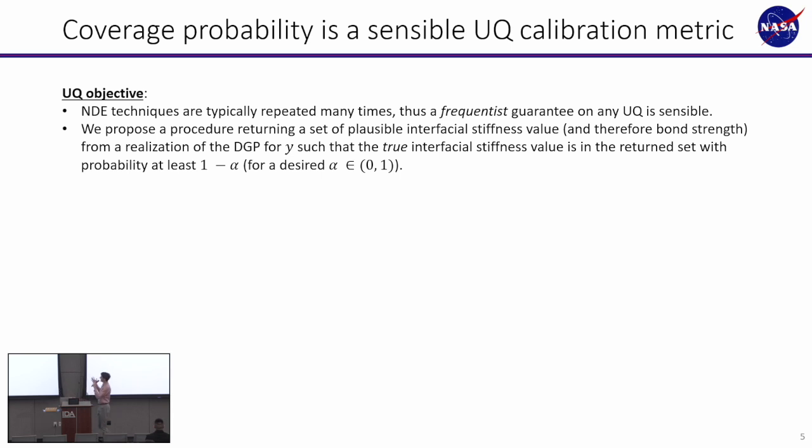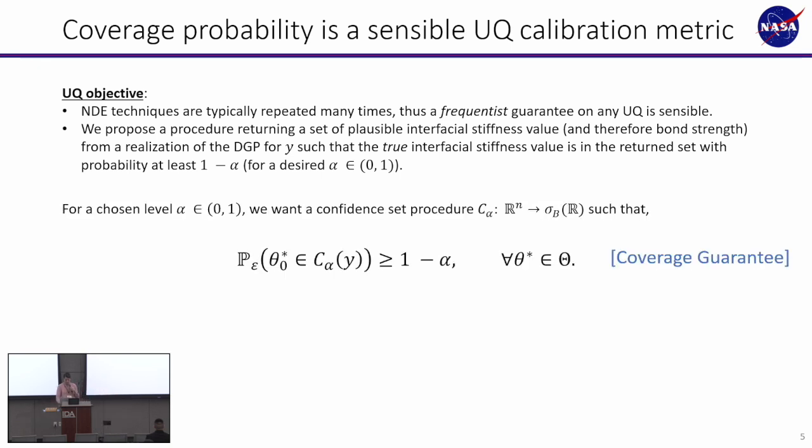We propose a procedure returning a set of plausible interfacial stiffness values, and therefore bond strength, from a realization of our assumed data generating process, such that the true interfacial stiffness is within the returned set with some fixed probability. And mathematically, we can say this precisely.